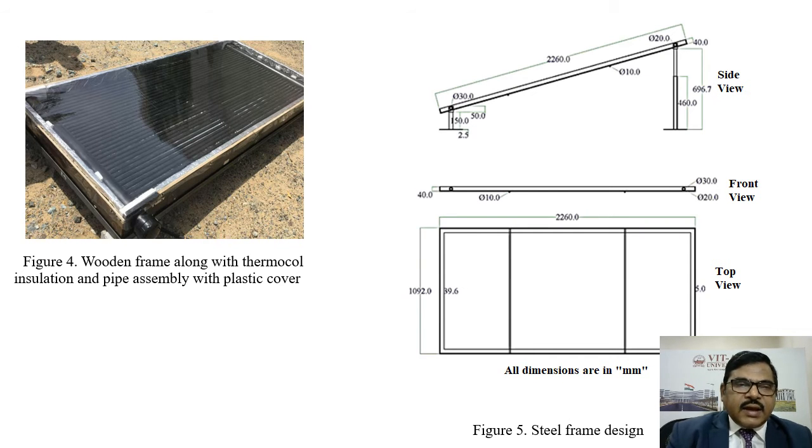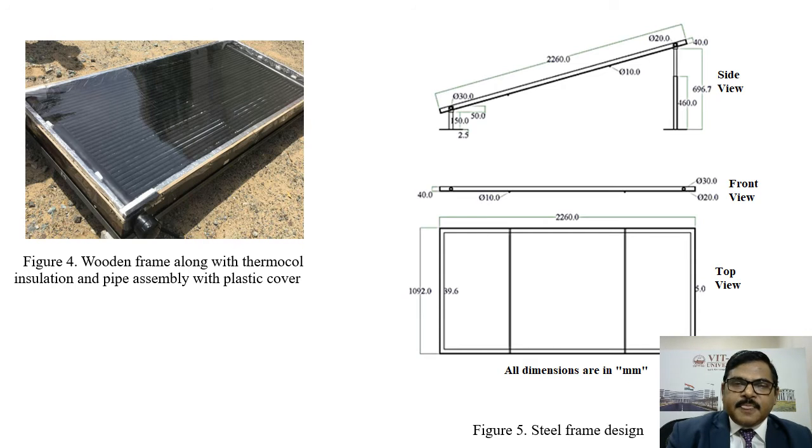Then you can see here the construction. This is the bottom header, and here is the top header, and both headers are connected by the pipes. These are all small plastic pipes welded to the top header and bottom header.